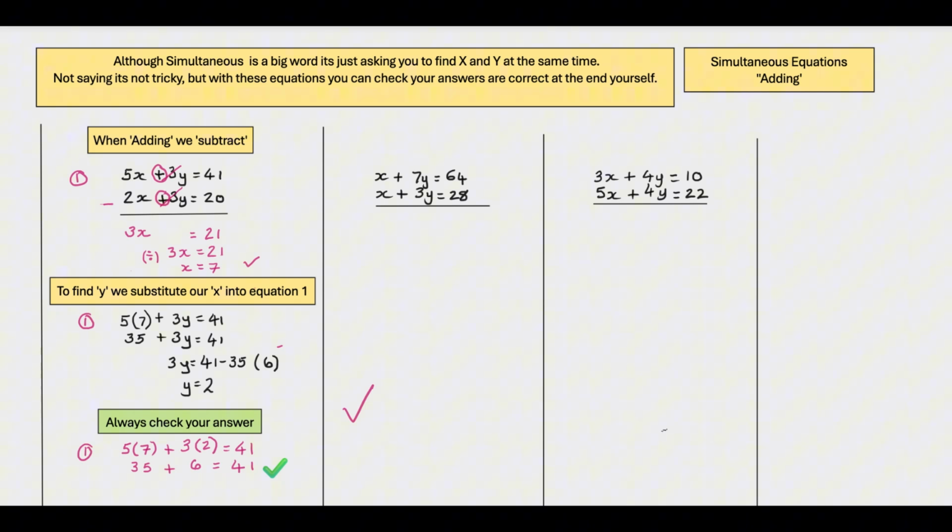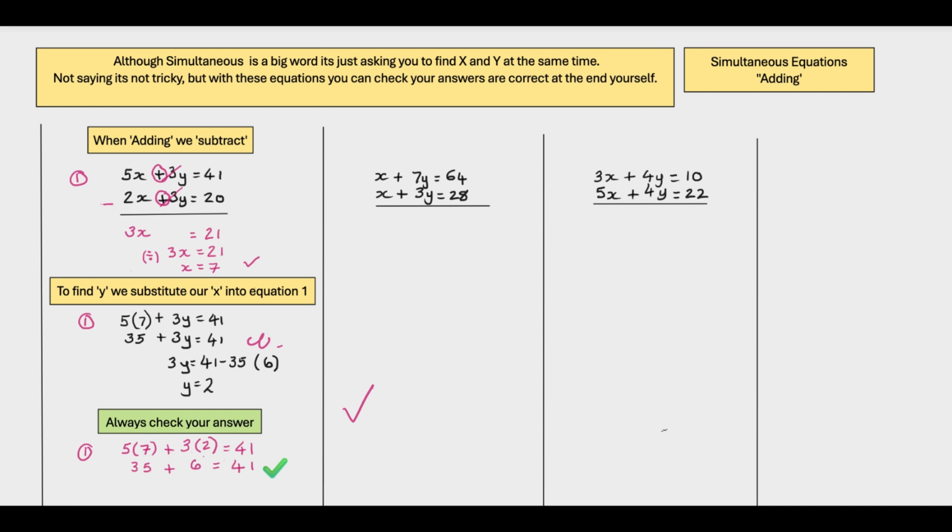So we have, going into 1 again, 5 bracket 7 where the x is, plus 3 where the y is a 2, and then that equals 41. 35 plus 6 equals 41. So we know that that answer is right.